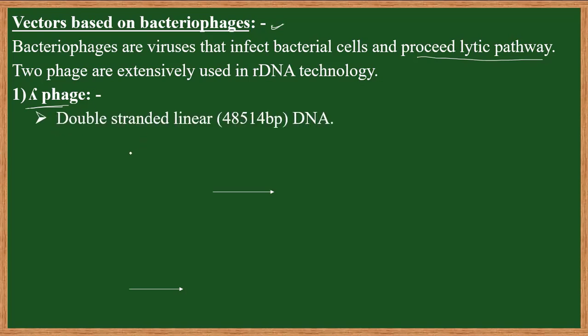The first characteristic: it is double stranded but linear, and the total number of base pairs is 48,514. So linear means this type of vector.